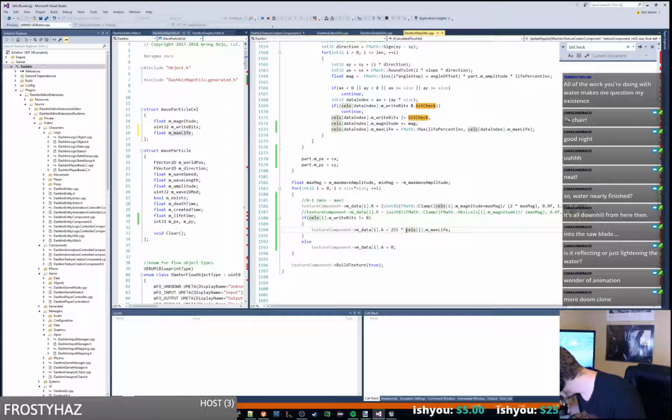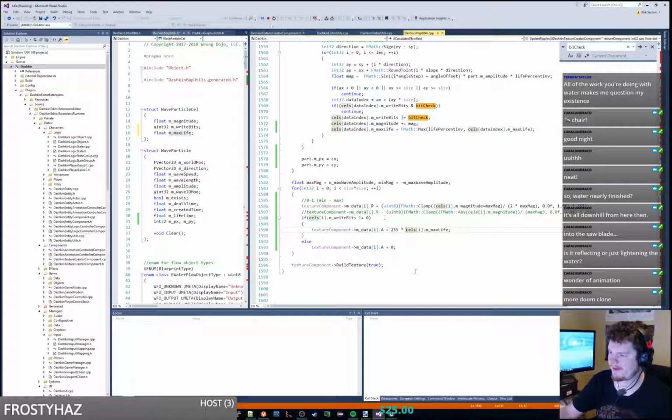So we subtract 0.75, 0.25 to negative 0.75. I mean, and then what? Clamp it? No, that's stupid. Just do a branch in there? Fine.